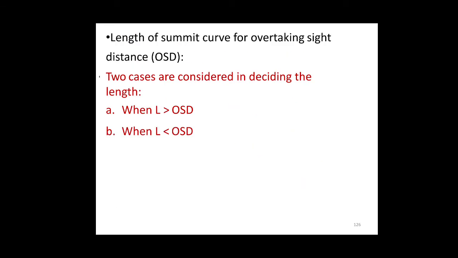The length of the summit curve for the overtaking sight distance, that is OSD. Here again we have to consider the two cases when L is greater than the overtaking sight distance and L is less than the overtaking sight distance.